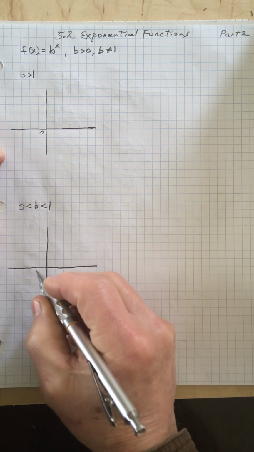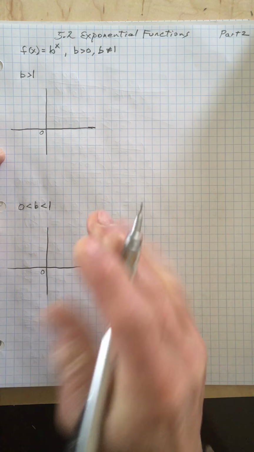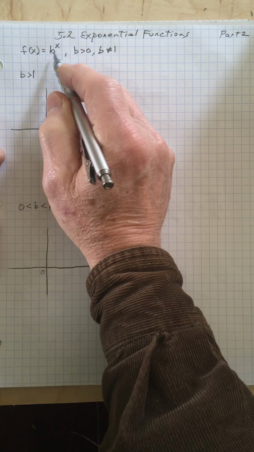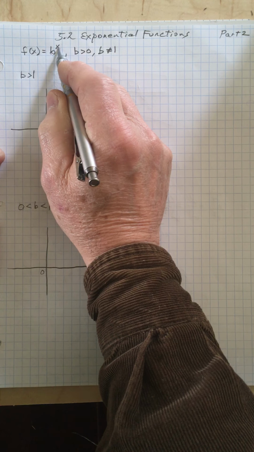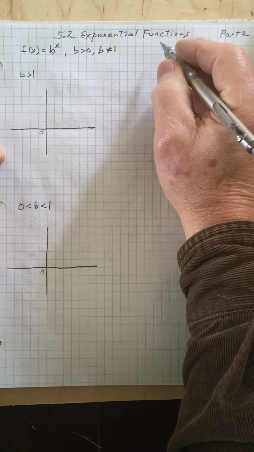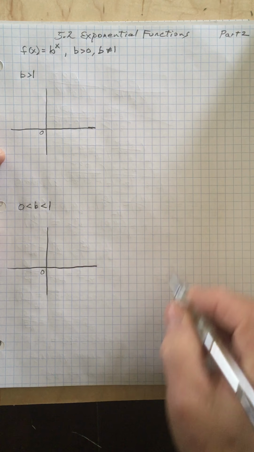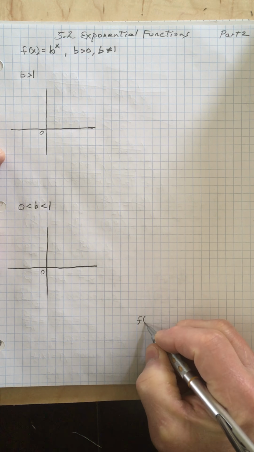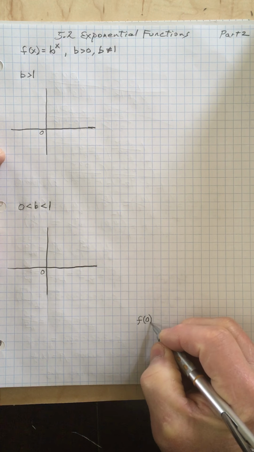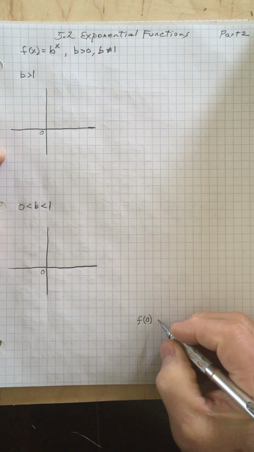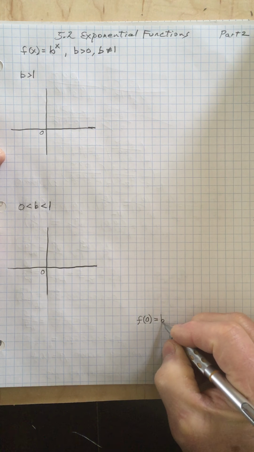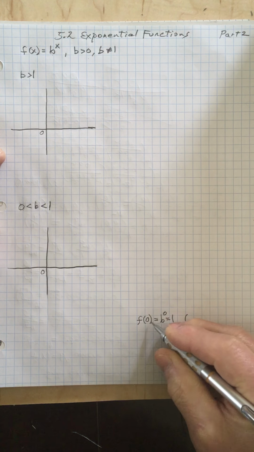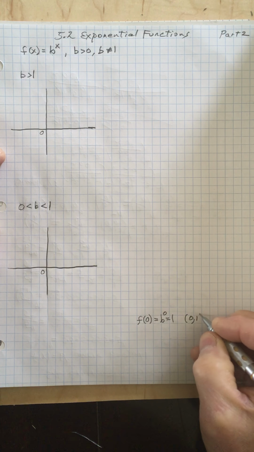I have some coordinate systems here. We'll put 0. Regardless of the value of b, anything to the 0 power equals 1. So the first thing we can note is, for any exponential function, the point x equals 0, y equals 1.